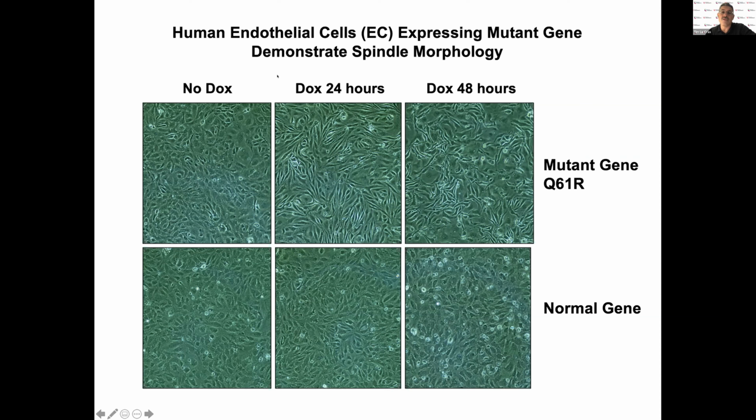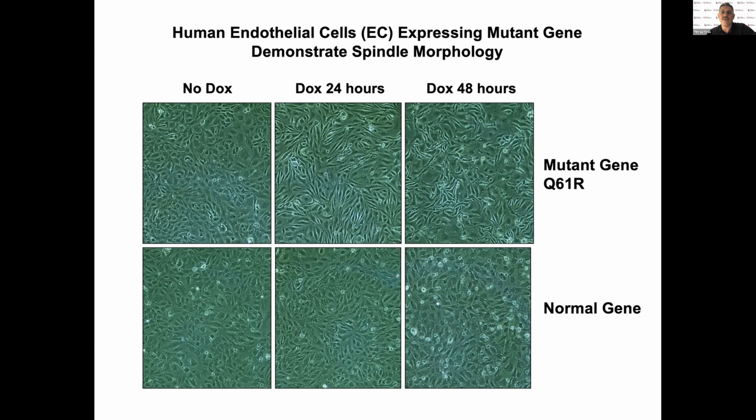And then when we put the doxycycline into the cell culture media, you can see that 24 hours later, the mutant gene Q61R has really caused these human endothelial cells to change their shape and become very abnormal. And this is what we see in the tissues from patients that have this mutant gene.